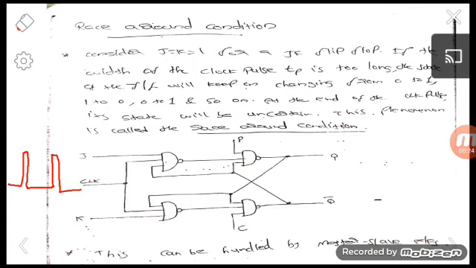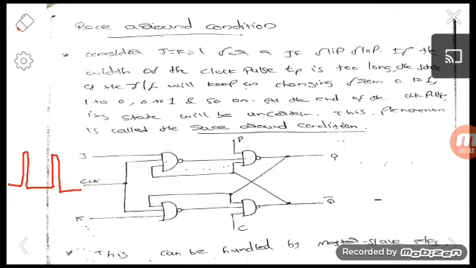For a JK flip flop, if J is equal to K is equal to 1, and also if the width of the clock pulse TP is too long, then the state of the flip-flop will keep on changing from 0 to 1, 1 to 0, 0 to 1 and so on. So at the end of the clock pulse, we cannot predict the output of the flip-flop.